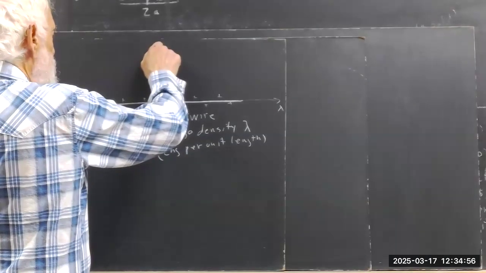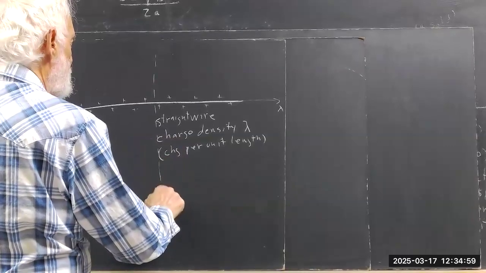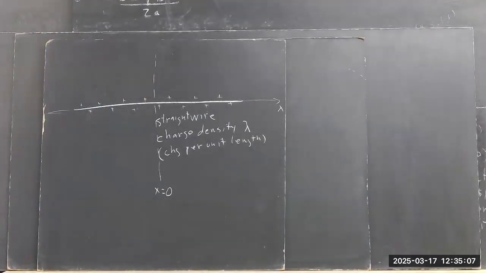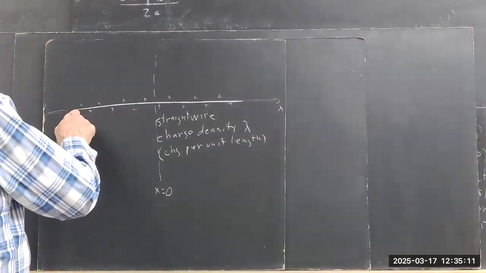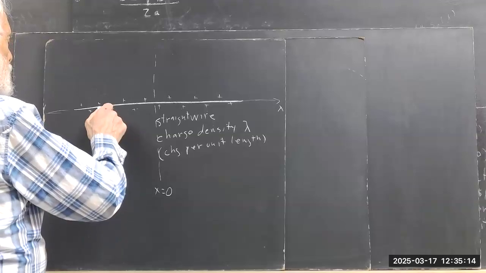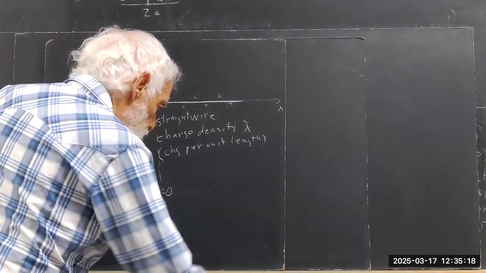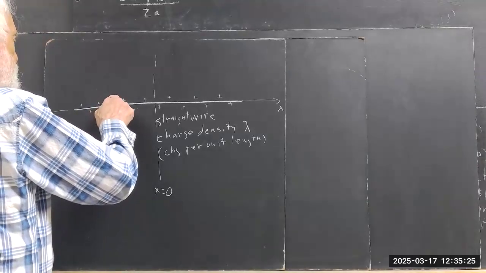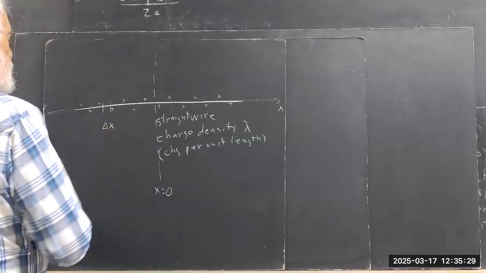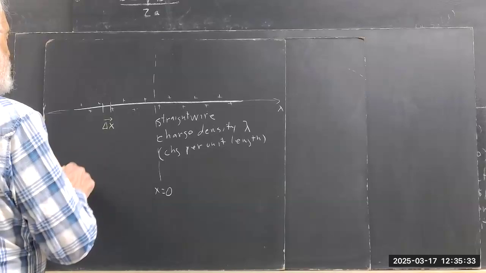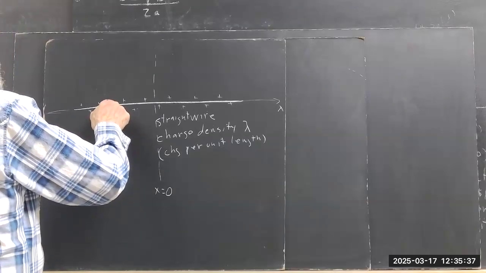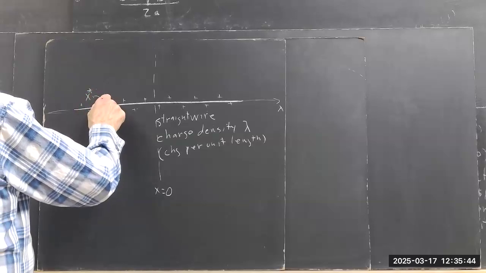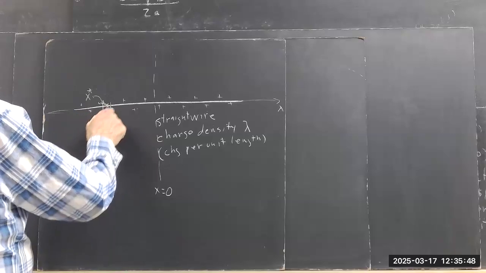The origin is center wire. So take an increment here, delta x, and some point inside the interval, which I'll call x star or x asterisk.